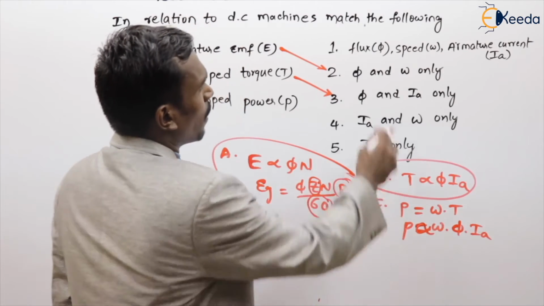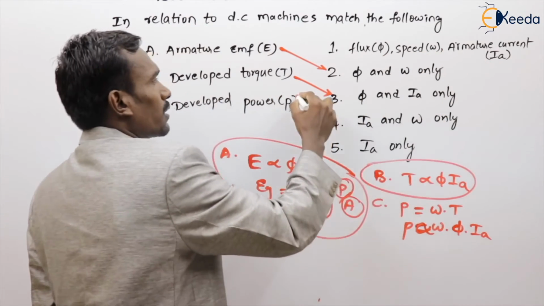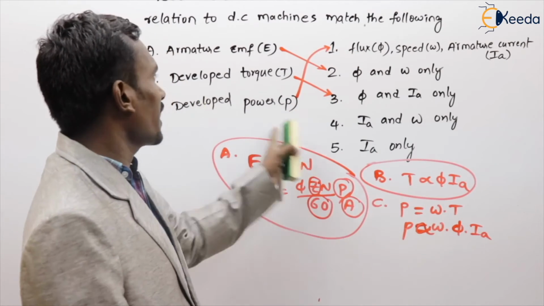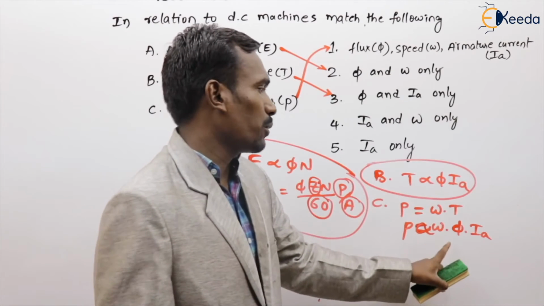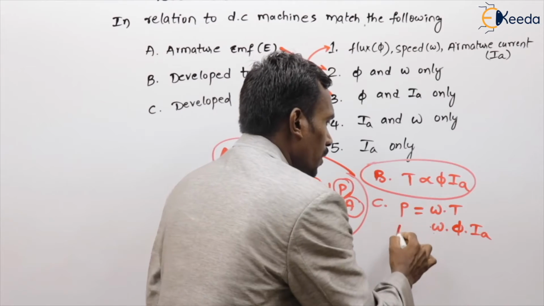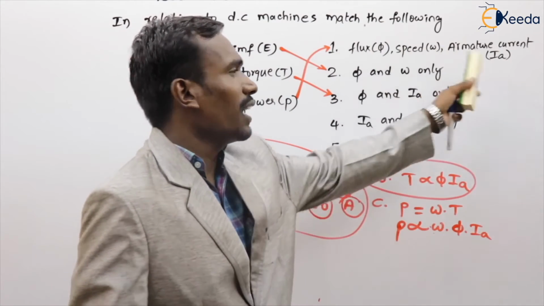So the third one belongs to the first one. C, the power is directly proportional to omega, phi and Ia.